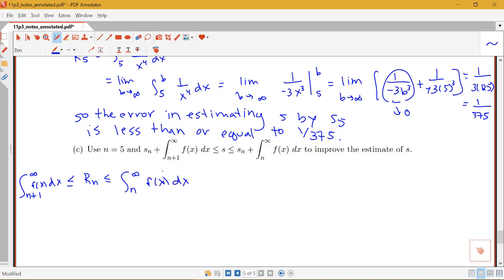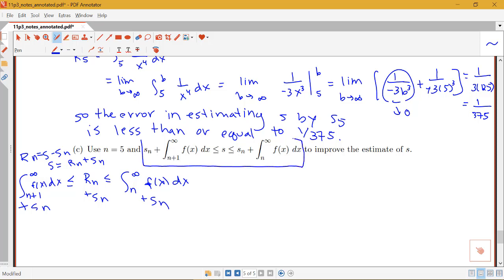And again we know that Rn is equal to S minus Sn. Notice that means that S is equal to the remainder plus the sum of the first n terms. So if I just add Sn to each piece of this inequality, I get this statement here.